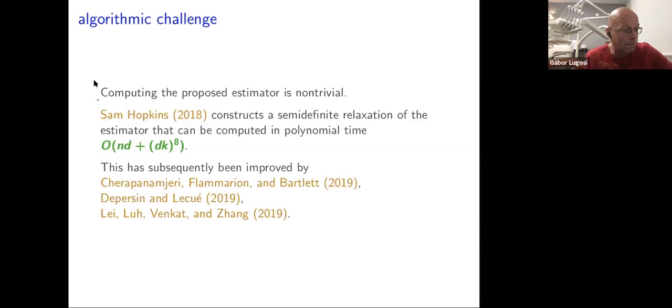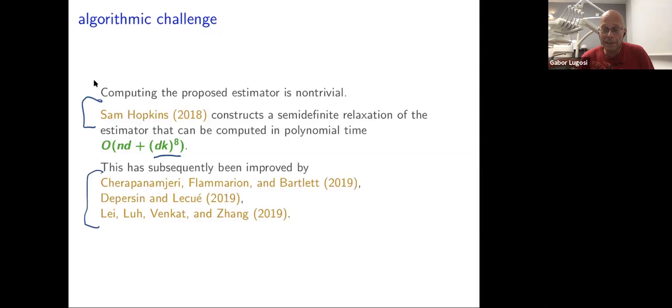And then Sam Hopkins had a beautiful paper where he took this median of means tournament estimator. He managed to define a semi-definite relaxation of it, and he proved that the estimator can be computed in polynomial time. The exponent of the polynomial was 8 in his paper, but this has been improved in subsequent papers.